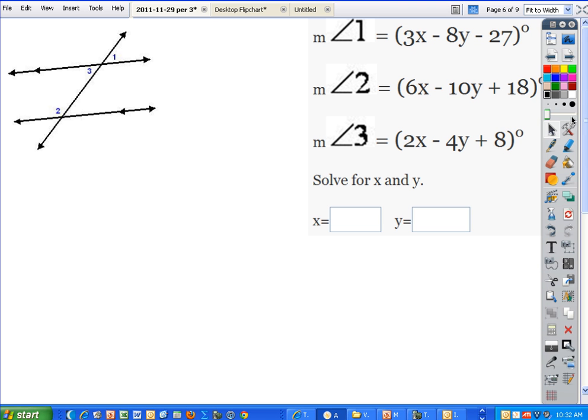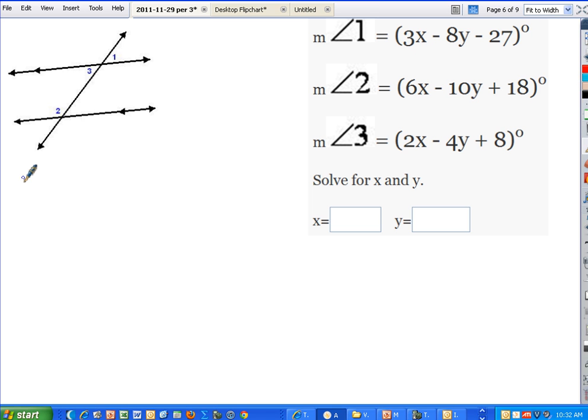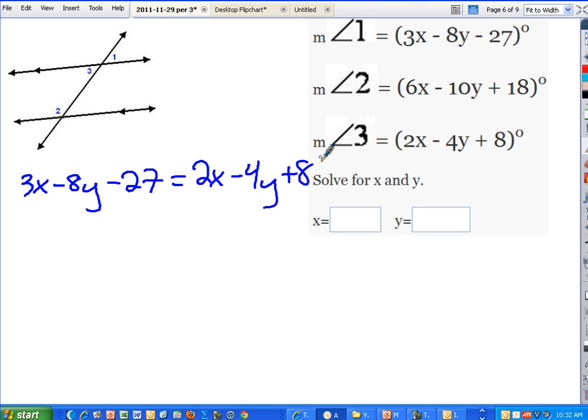So that's one thing. So if I set 1 equal to 3, I'm going to get 3x minus 8y minus 27 equals 2x minus 4y plus 8. I want to solve a linear system here, so I want to get these into standard form.